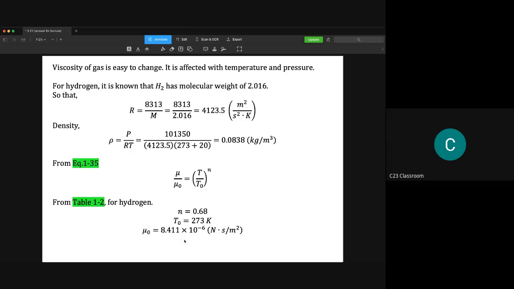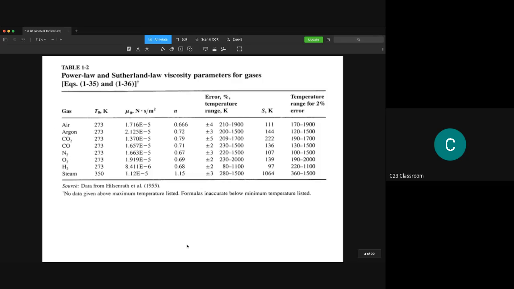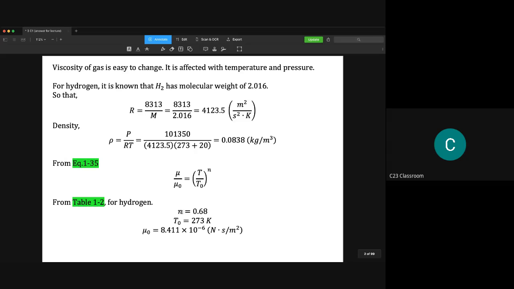So this is the table that you could get from the textbooks, and for hydrogen here it is 0.68. That's why we take the N here as 0.68.